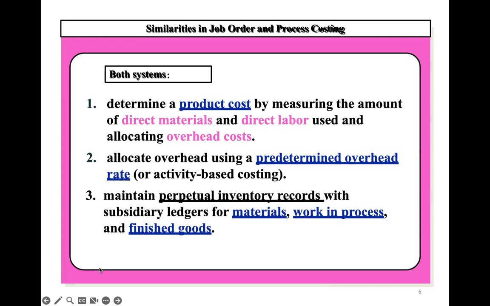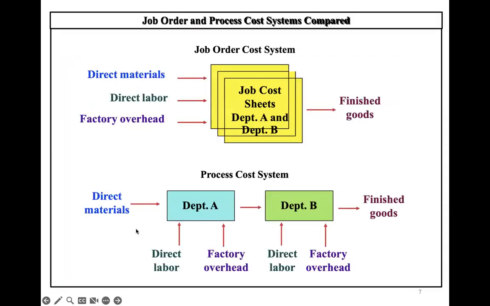Can you remember in the job order costing method, we had the job order record report? There we showed everything: material, work in process, finished goods. So likewise, in process costing also, we maintain perpetual inventory records.